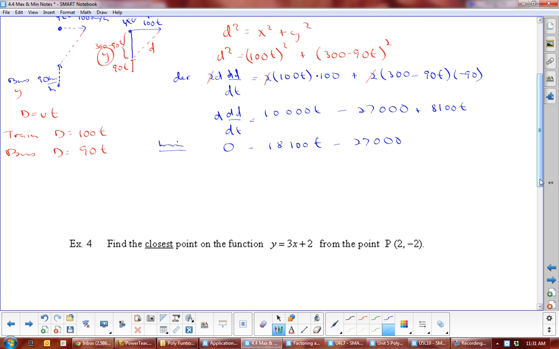I don't know why I keep saying that. So you can bring the 27,000 over to this side, 18,100t, and then divide it out, 27,000 over 18,100, and you will get 1.49 hours.